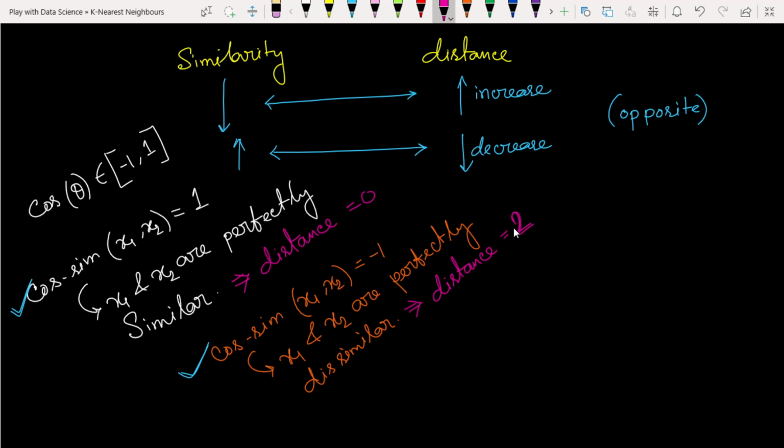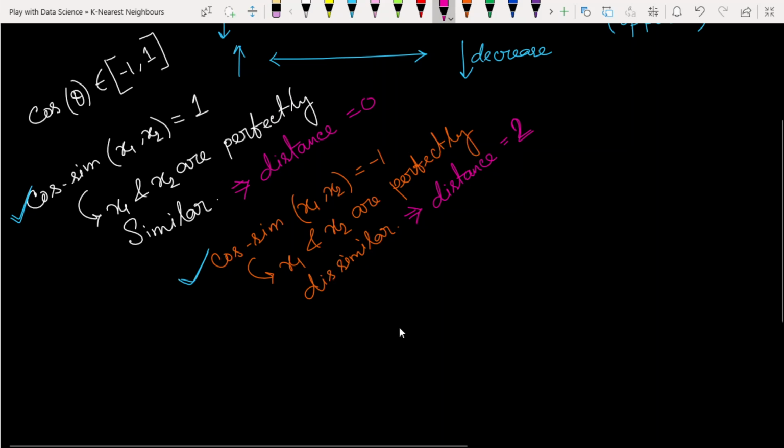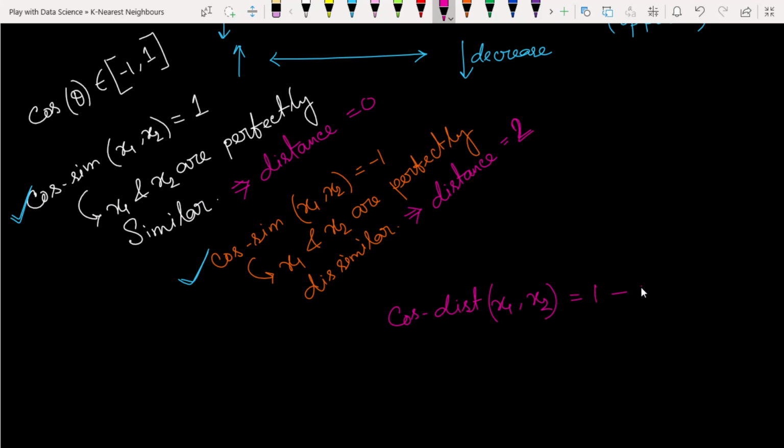So how do we construct this function? Suppose our function is like this: the cosine distance function of x1 and x2 will be 1 minus the cosine similarity of x1 and x2.